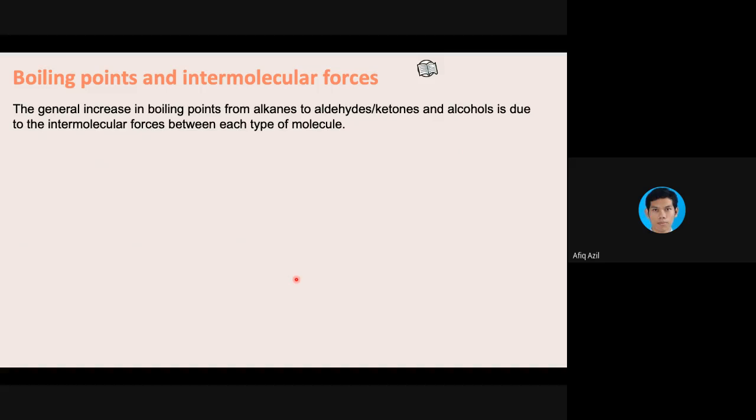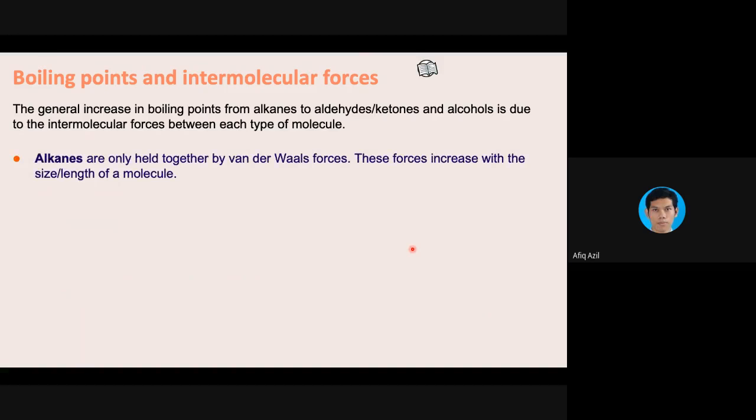So on to the boiling points and intermolecular forces. The general increase in boiling points from alkene to aldehydes or ketones and alcohol is due to the intermolecular forces between each type of molecule. For alkenes, normally they are only held together by van der Waals forces. These forces increase with the size and length of the molecule, so the larger the number of carbons, the larger the van der Waals forces.